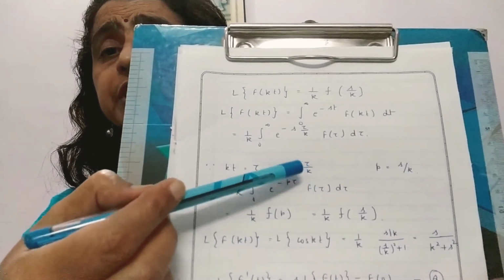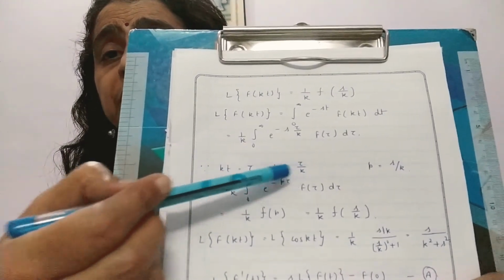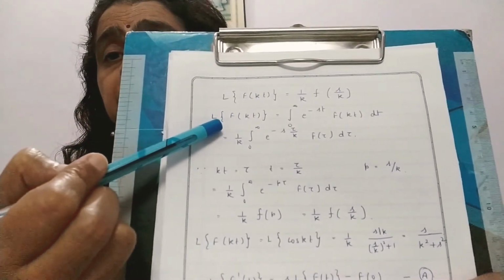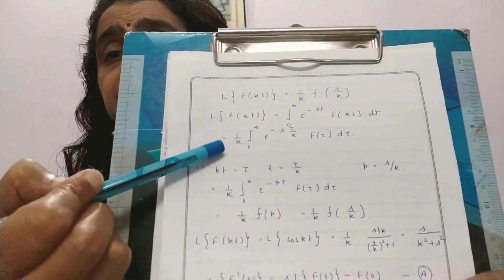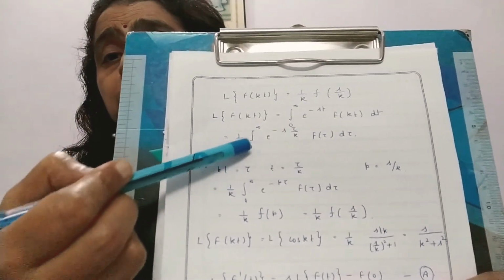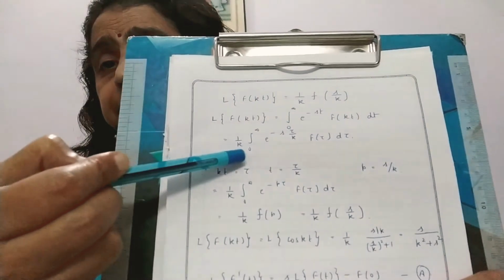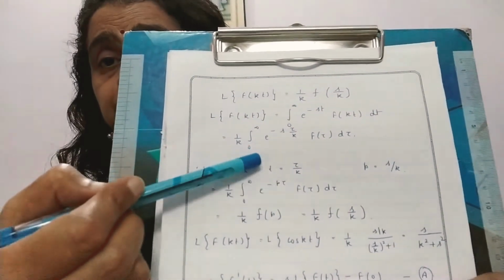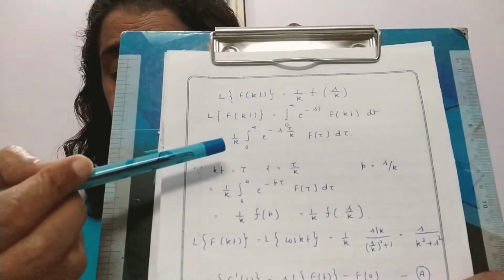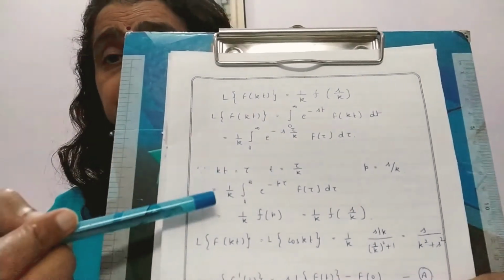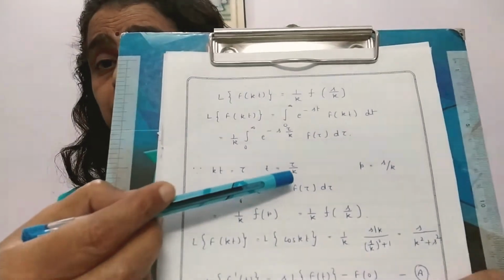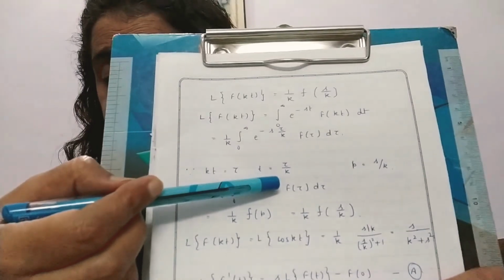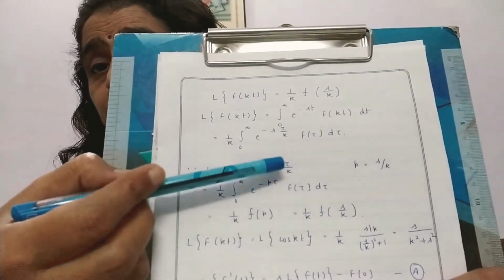Then with the help of these two equations, the left hand side will give us the value equal to this one on the right hand side. Because t here is equal to tau upon k, dt will become d tau into 1 upon k.